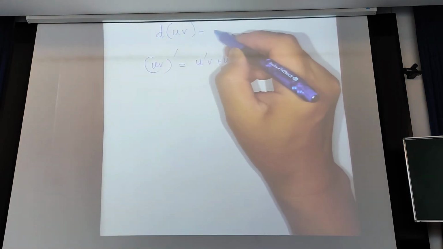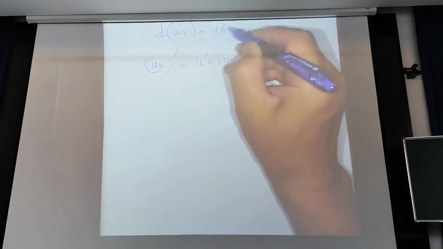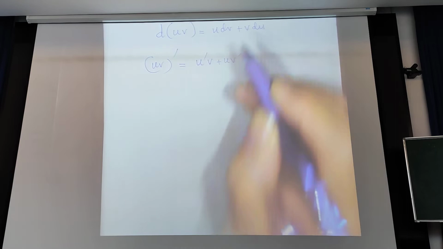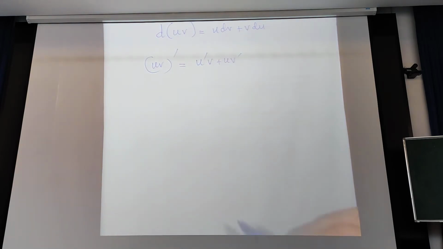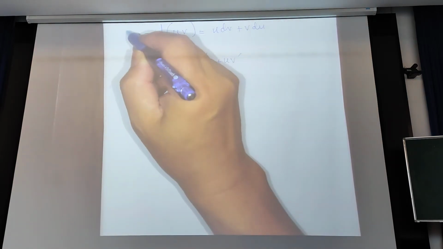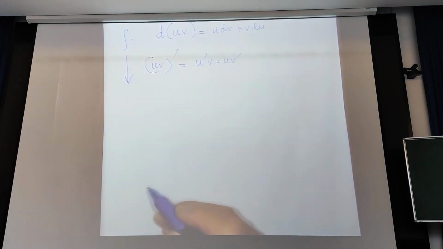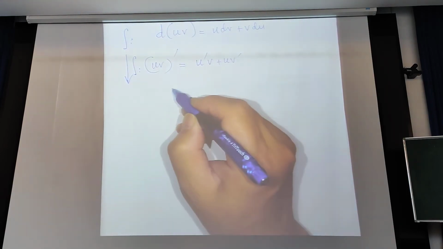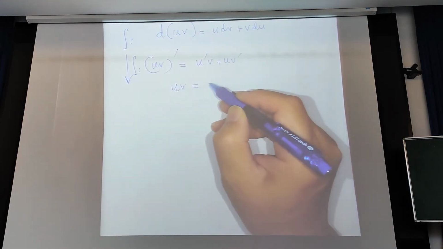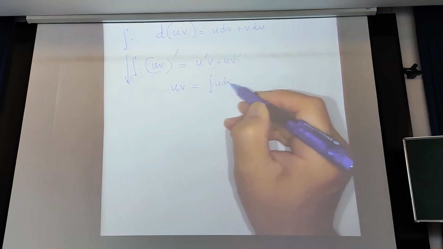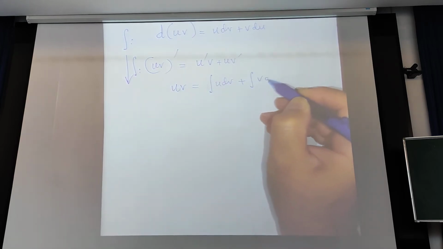And here it means that you have u dv plus v du. And if you take the integral, you have uv is integral u dv plus integral v du.